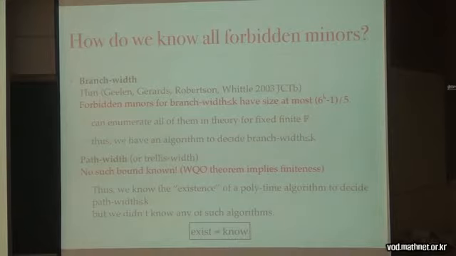Because of this existence result, we know the existence of a polynomial time algorithm, but we don't know the algorithm. There's a certain difference between existence and knowing the algorithm. We know there exists an algorithm, but nobody knew how to construct one. Until now, so we have a theorem now.